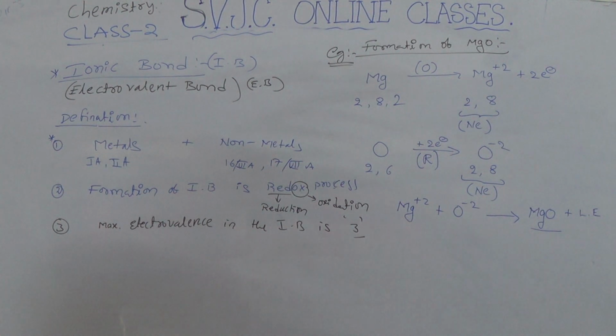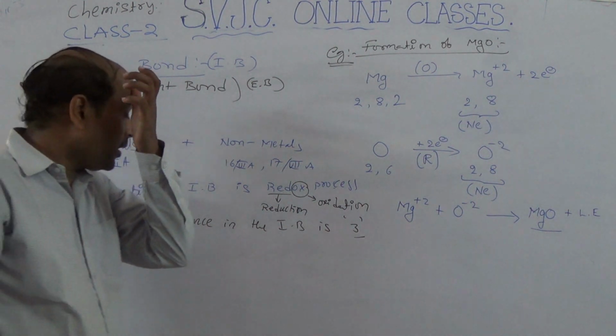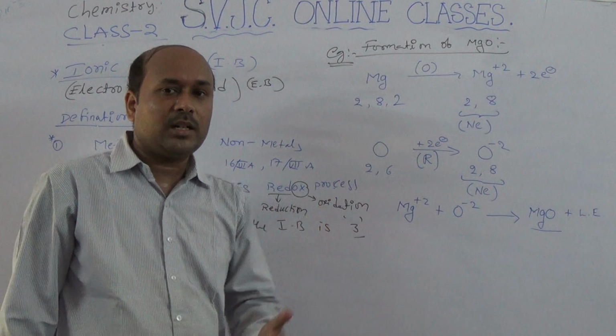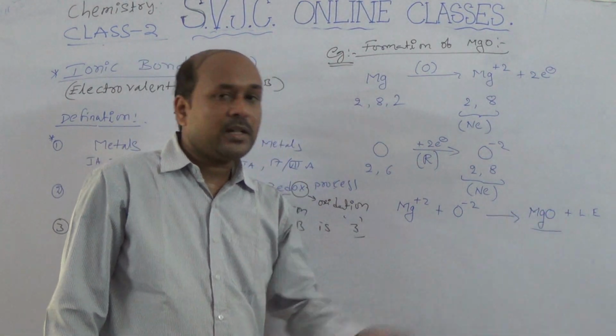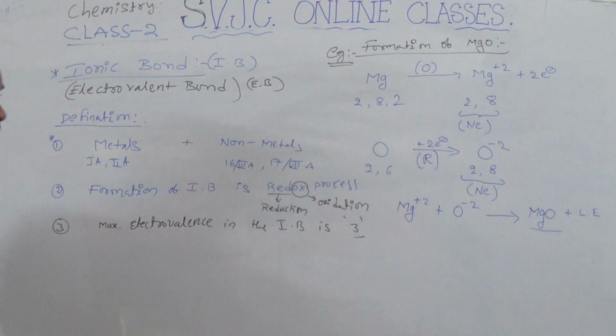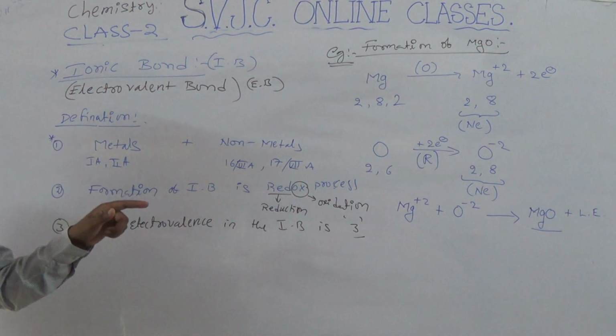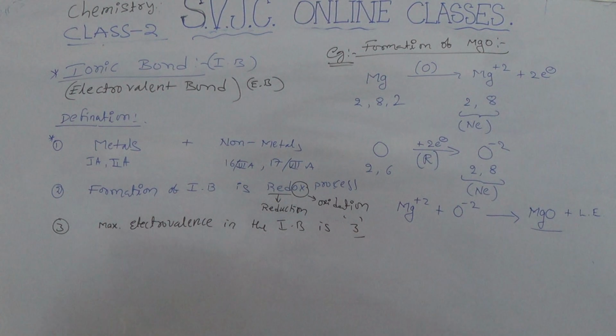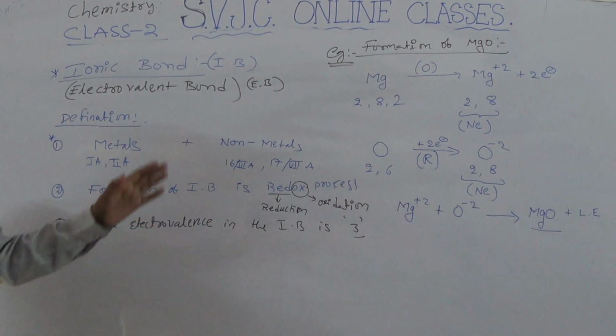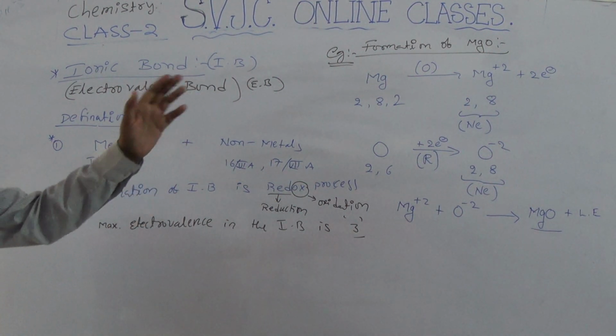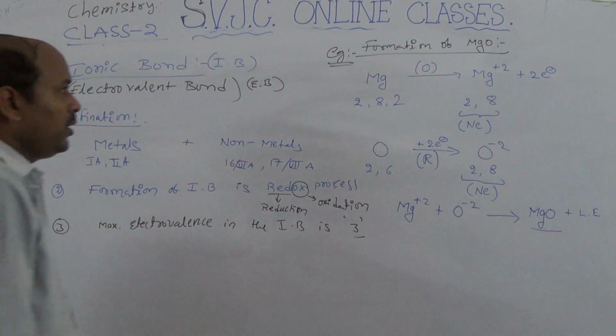Lattice energy is the amount of energy released when 1 mole of ionic compound is formed. We will discuss lattice energy next. So this is one example, formation of MgO.